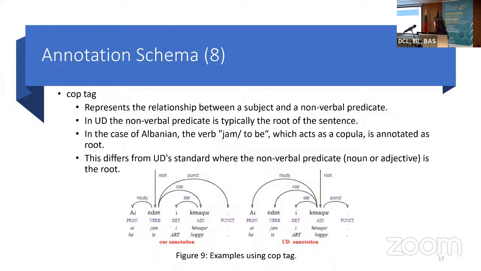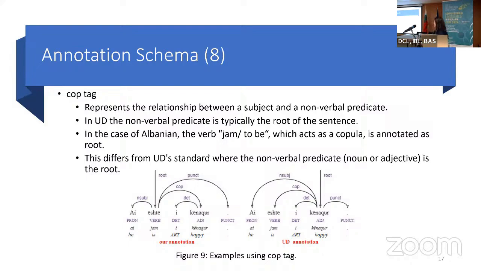In our corpora, we have annotated in the first sentence the verb as the root, but if we want to follow the UD schema and put it on the website, we need to make a change. In this case, the root will be the adjective, that is happy.